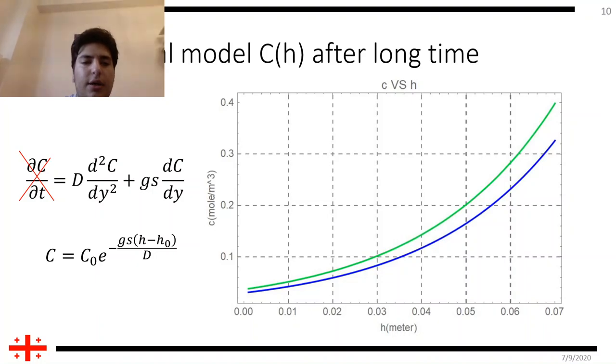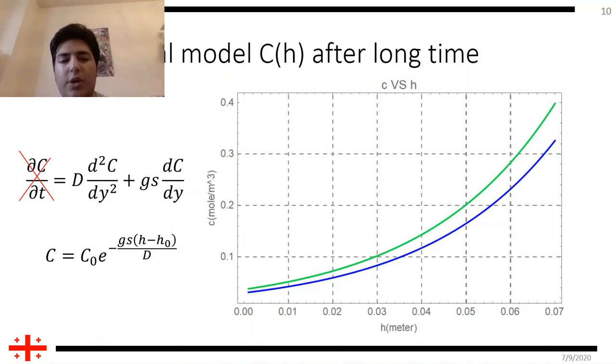But actually, when the sugar is fully dissolved inside the water, we wait about 7 or 8 hours in order to have a steady state situation inside the water container, so that the first part of this equation is zero, because as we know, after some time, when the concentration at each height is constant, it means that the concentration derivative by time equals zero.